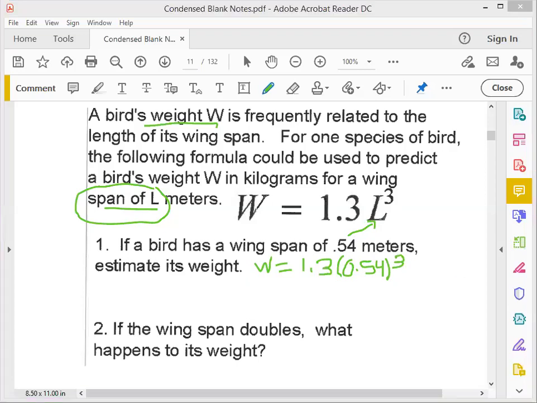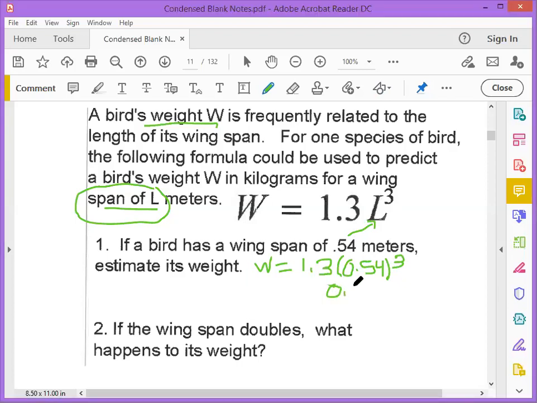Now 0.54 raised to the third power gives us, we want to plug that into our calculator first. 0.54 raised to the third power will give us this decimal. It's 0.157464.